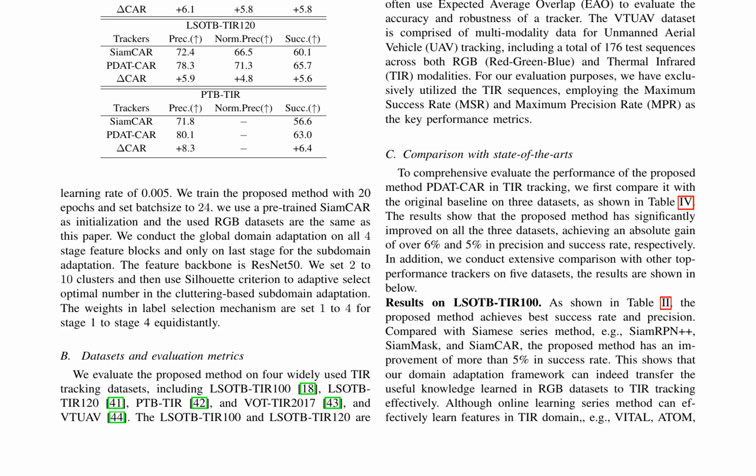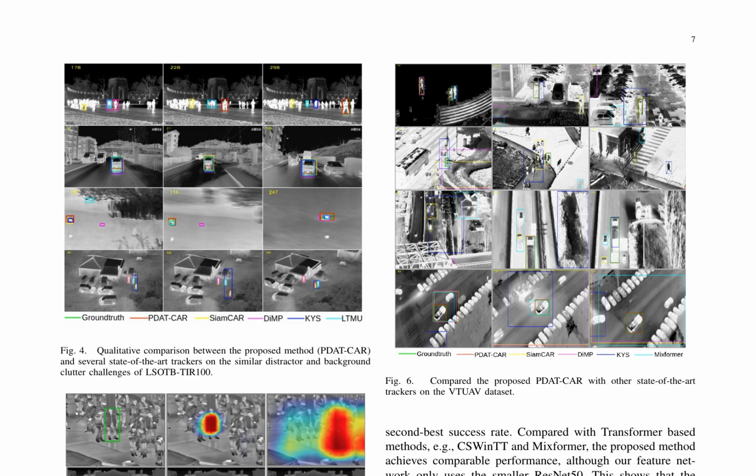and background clutter. The proposed method, PDAT-CAR, is evaluated on several thermal infrared (TIR) tracking datasets, including LSOTB-TIR 100, LSOTB-TIR 120, PTB-TIR, and VOT-TIR 2017.